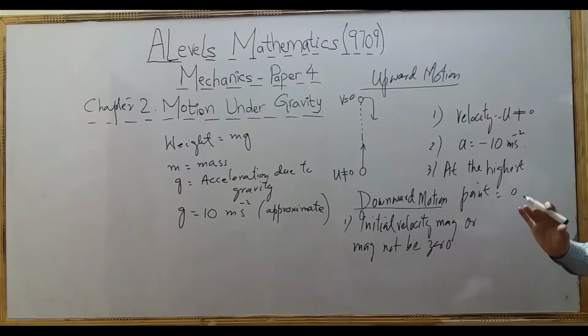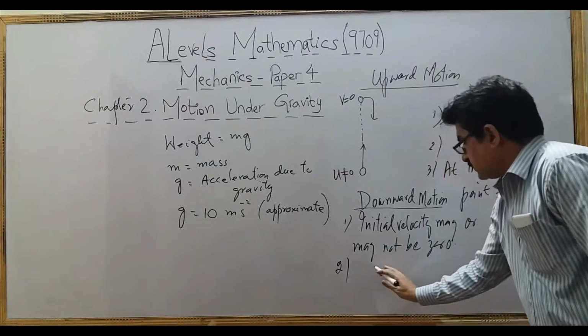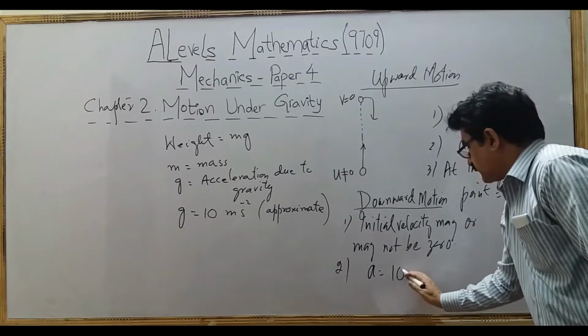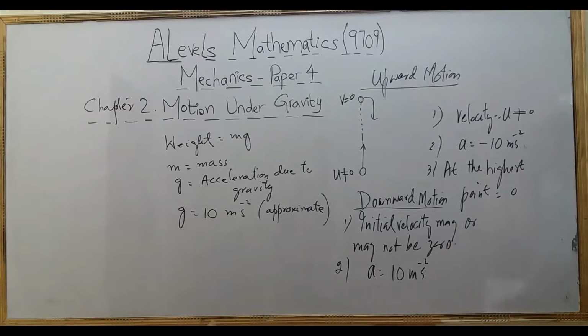In maximum cases it is 0. The second point we have to keep in mind is that the value of acceleration we will take 10 meter per second square. And last point in this case is that when the particle strikes the, say this is ground, when it strikes the ground, at that moment its velocity is not equal to 0.